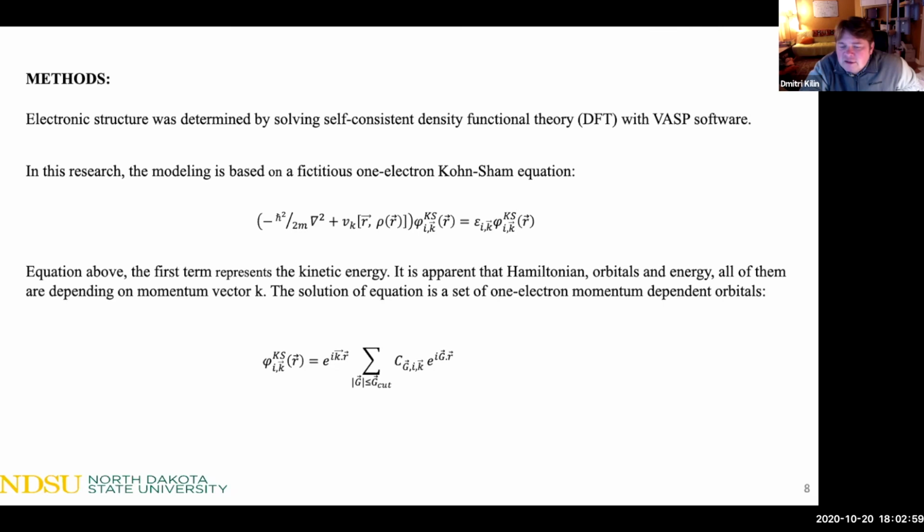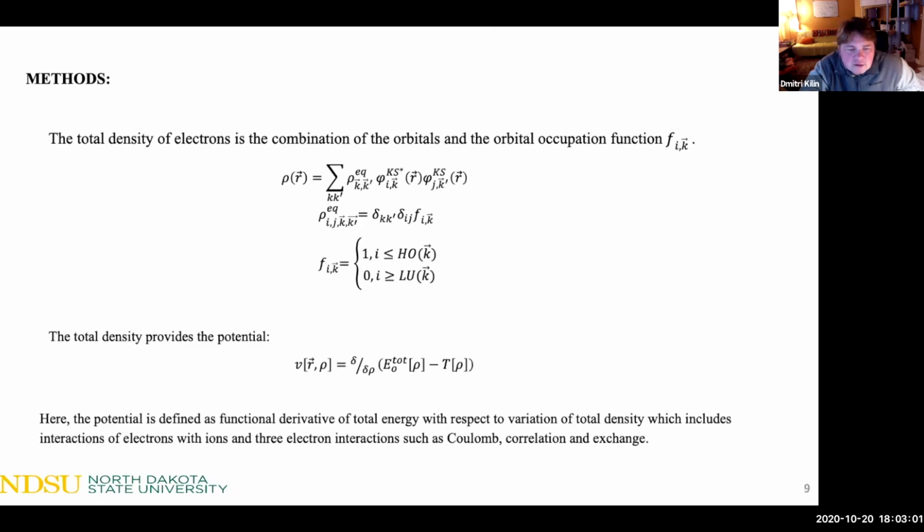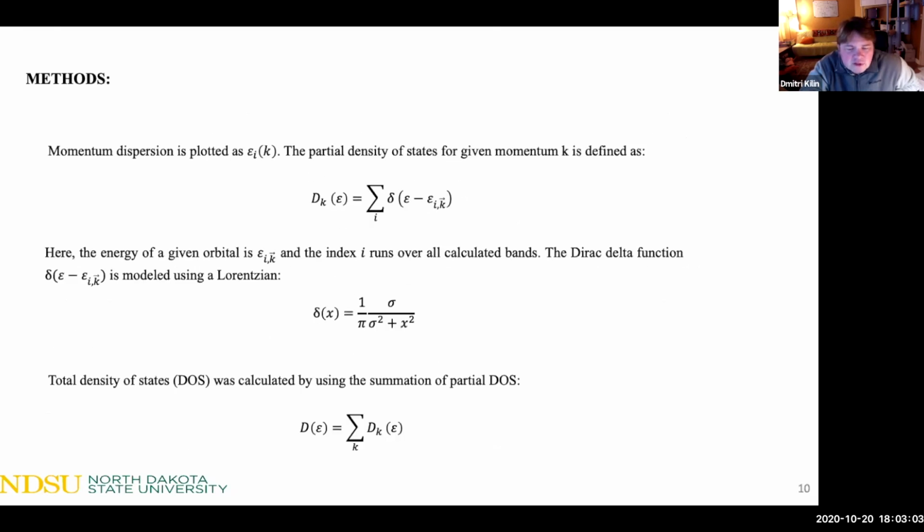Slide number 10. So 2 slides forward. One more. Yes. So in the bottom equation, you are adding together partial contributions from each k point. So it is density of states that accumulates all k points. I do not remember you showing such a figure. You were showing absorption that accumulates contributions from each k point, but you are not showing density of states that implements this equation.